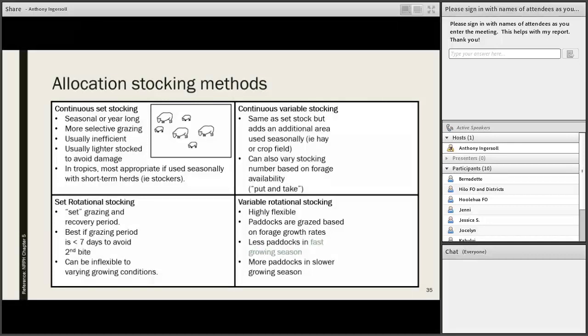It can be used somewhat successfully when a pasture is used seasonally with a short-term herd on forages that keep their quality for a while. It's not real common here in the islands, but it's possible and it is done in other places. The continuous variable stocking is basically the same as set stock, except that an additional area can be added on occasionally or where animal numbers fluctuate.